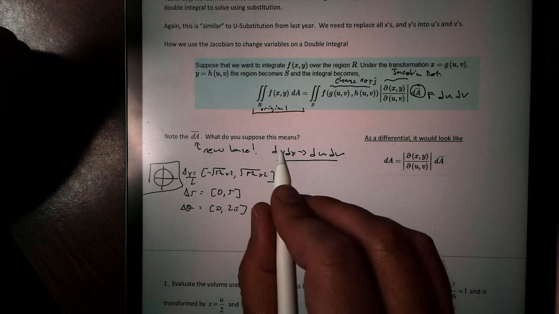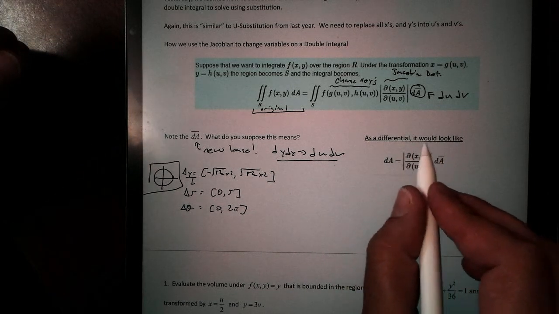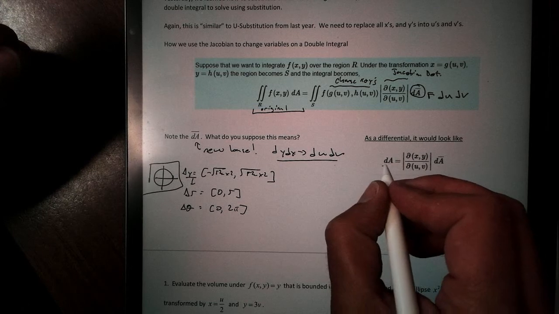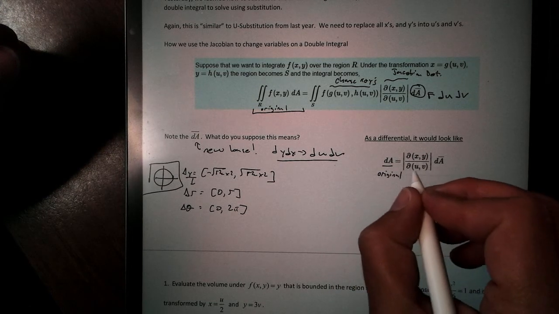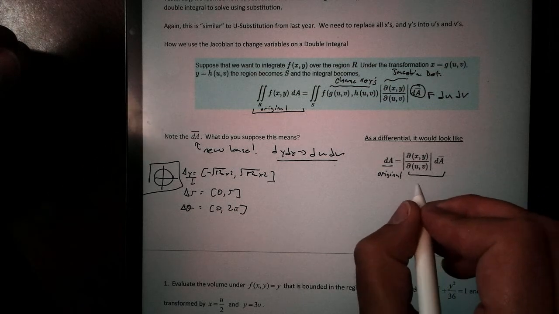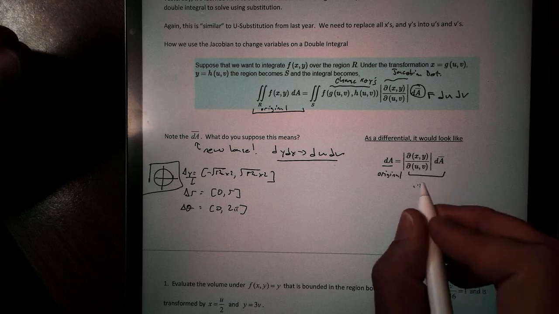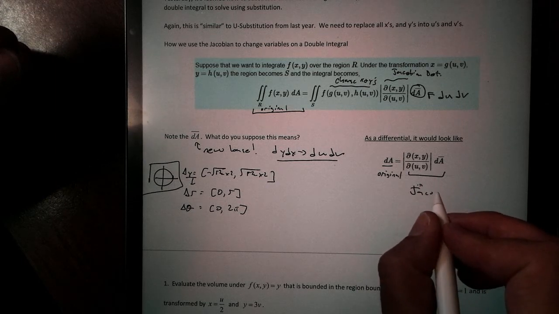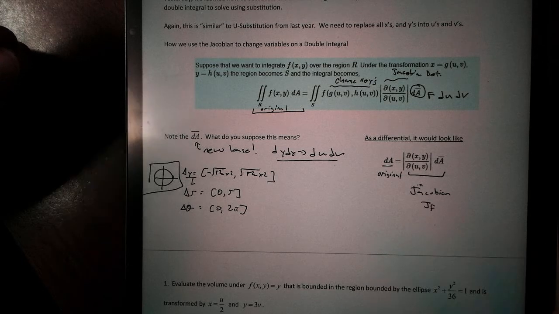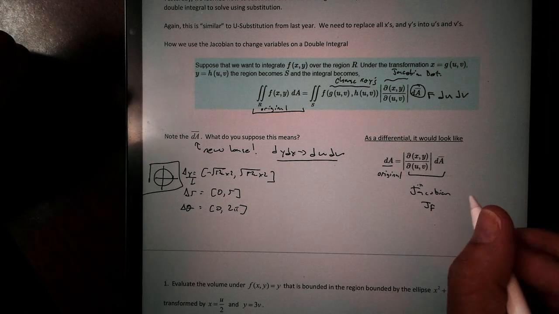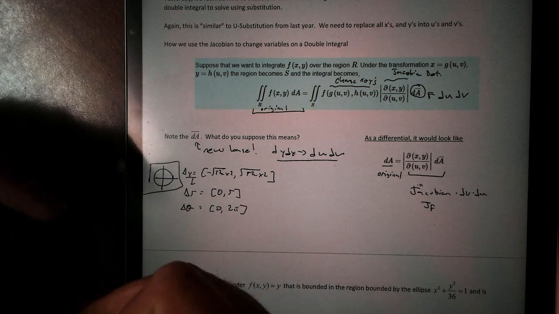As a differential, the dA looks like this, where our original would become this. This is our transformation. This is the Jacobian. This is our Jacobian matrix or determinant, which we sometimes abbreviate just as J F times dv du or du dv, depending on the order.